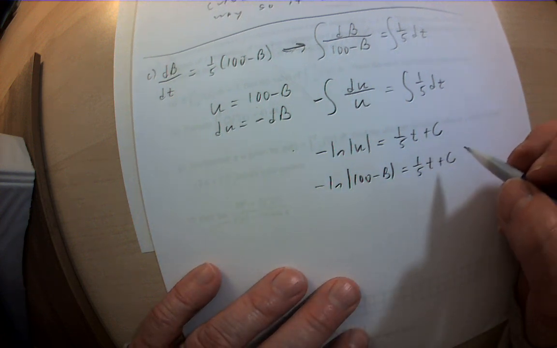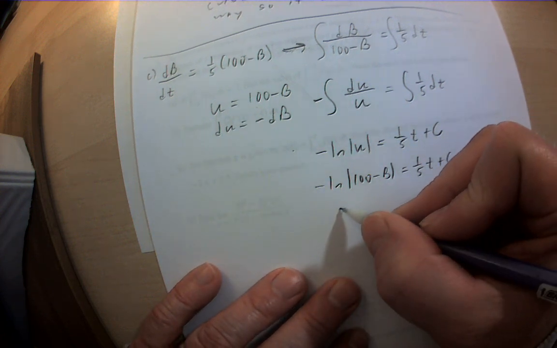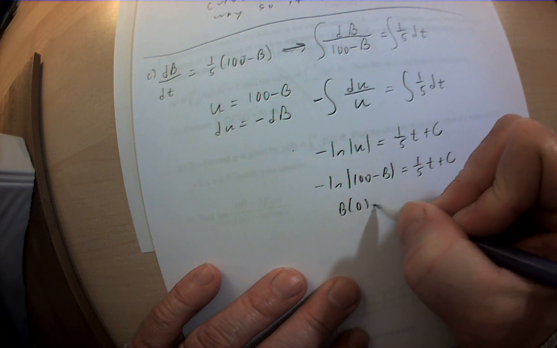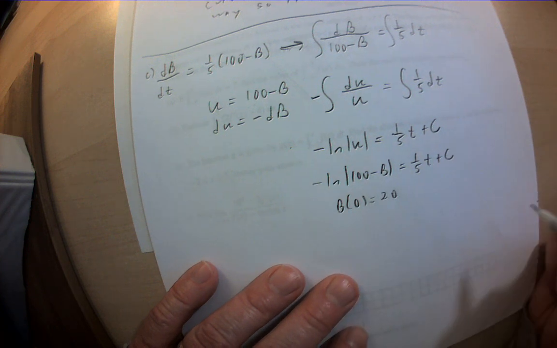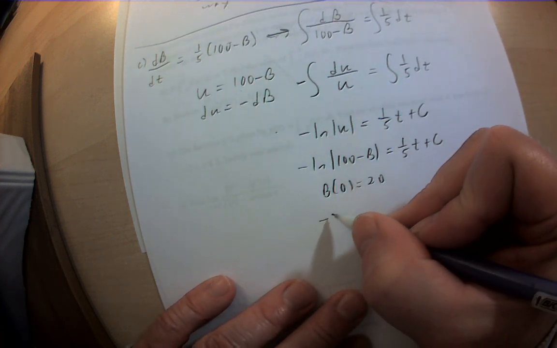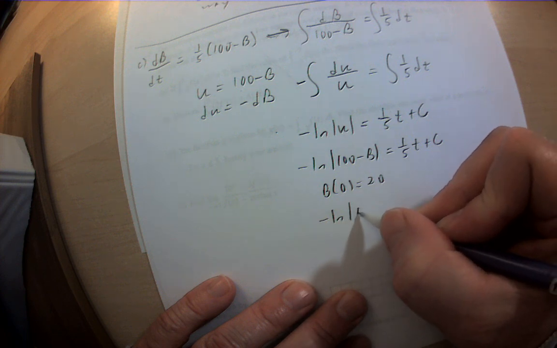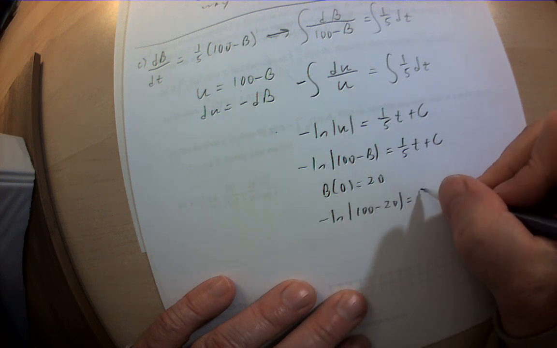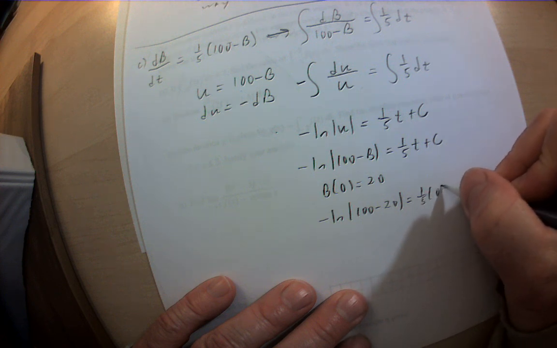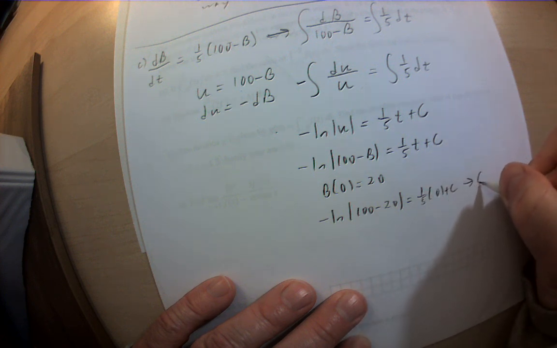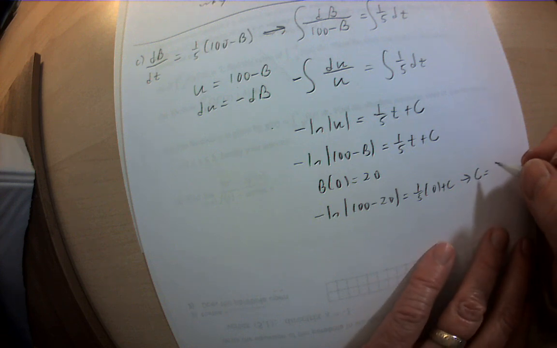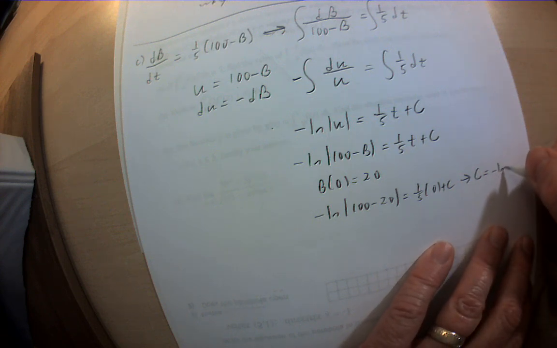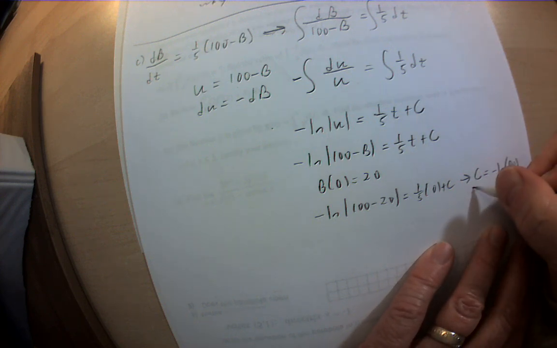So at any rate, I'm going to solve for the initial condition. I know b of 0 equals 20. So the negative natural log of 100 minus 20 equals 1/5 times 0 plus c. So that tells me c equals the negative natural log of 80.